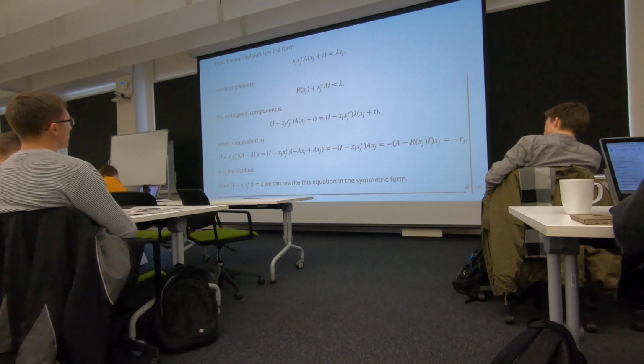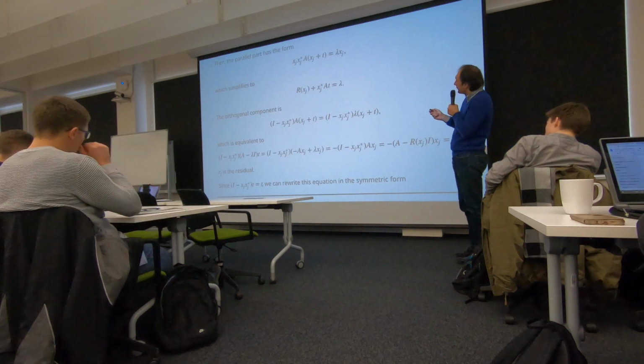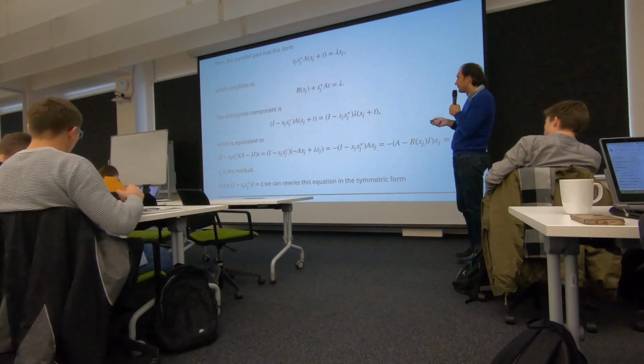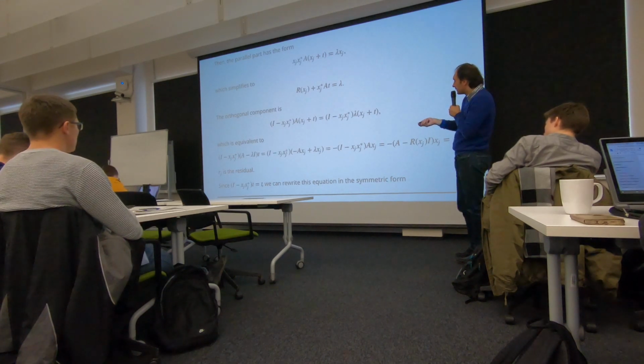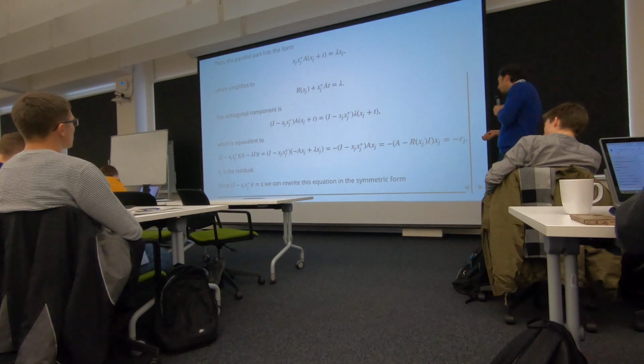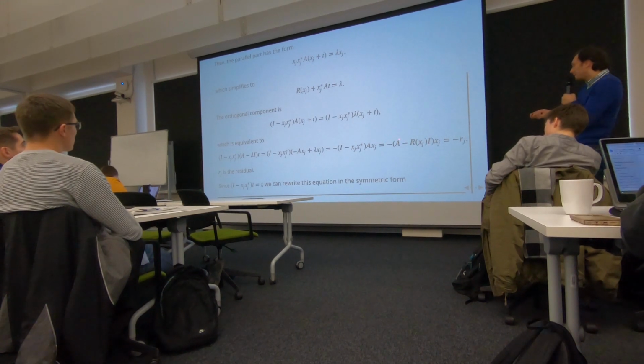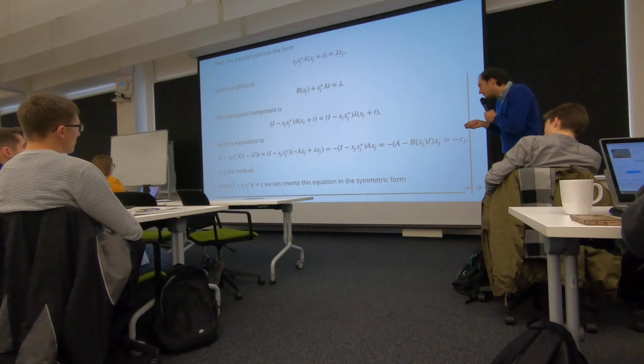And for the orthogonal component, you multiply the original system of equations by an orthogonal projector from the left and from the right. Let's look at the left side. Do again a simple manipulation on the left side. It's just the residual of the original problem.